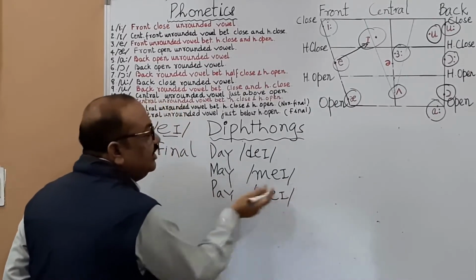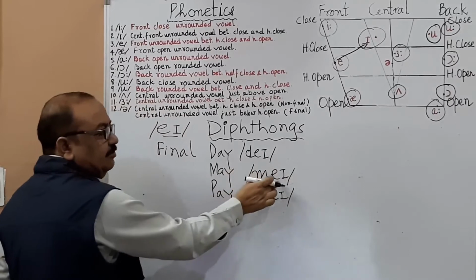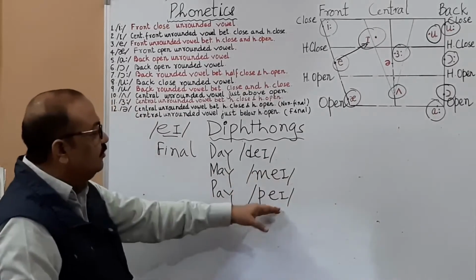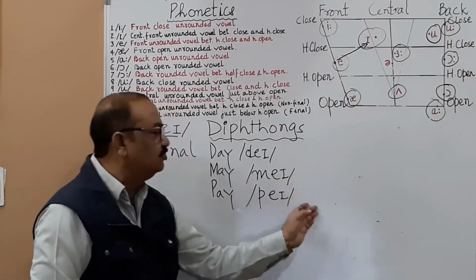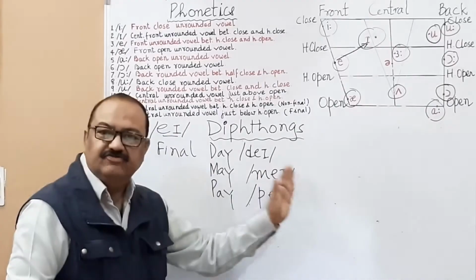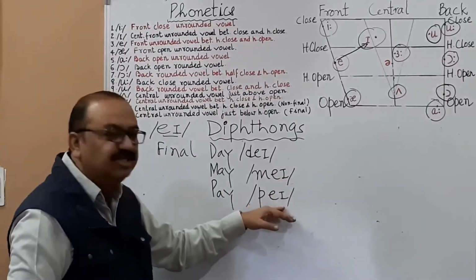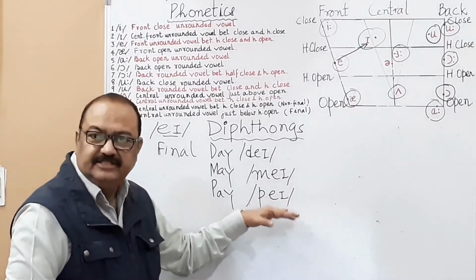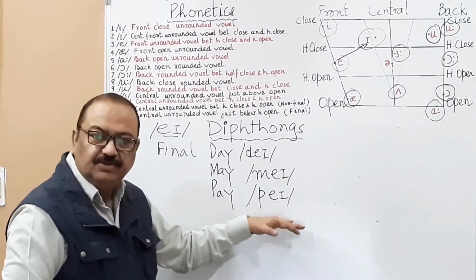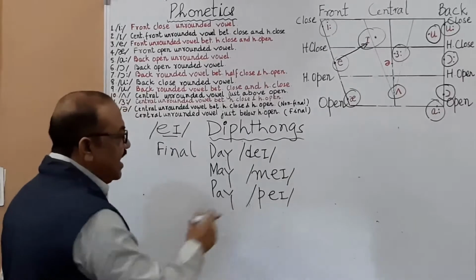Pay. Now here it is occurring finally. Why do you say finally? Because you do not have any other sound or any other letter coming after it. This is the final sound, ending with a diphthong sound. So this is final occurrence.